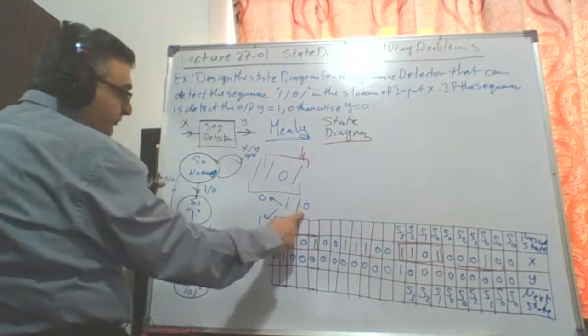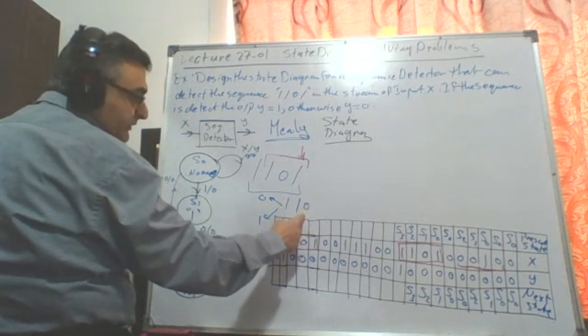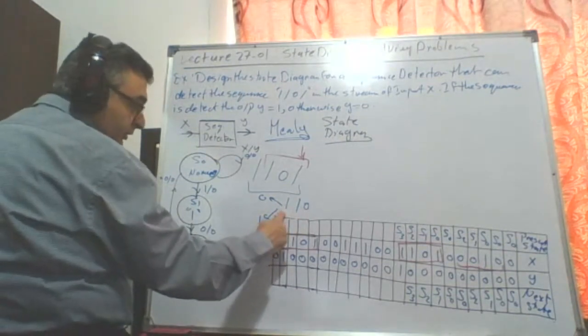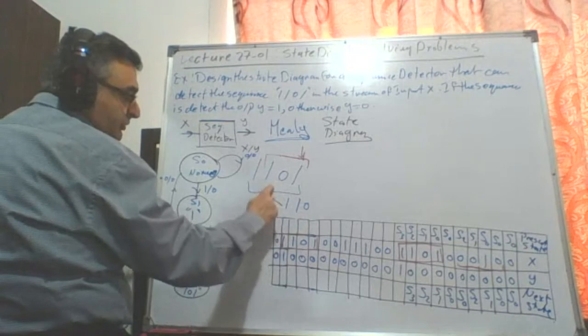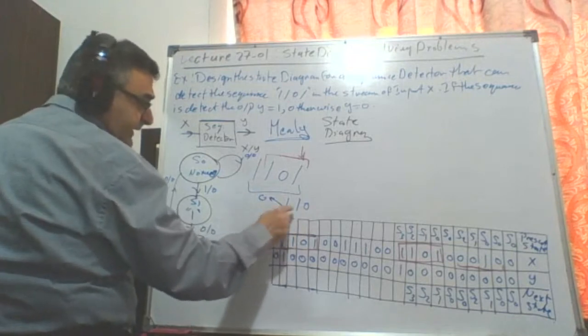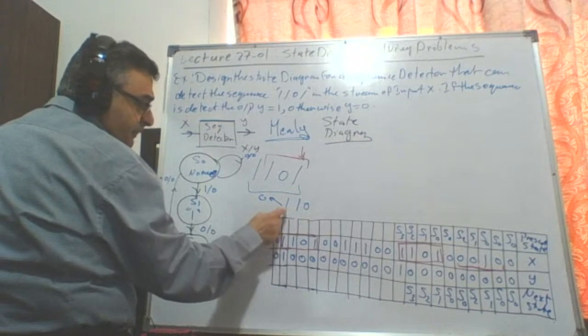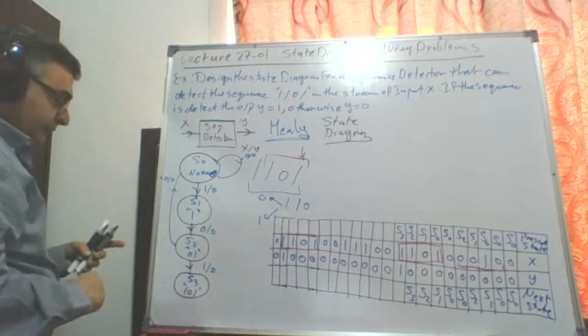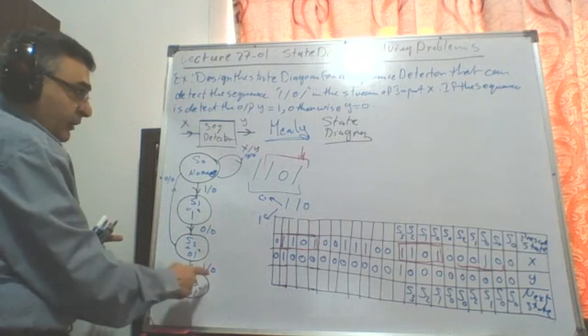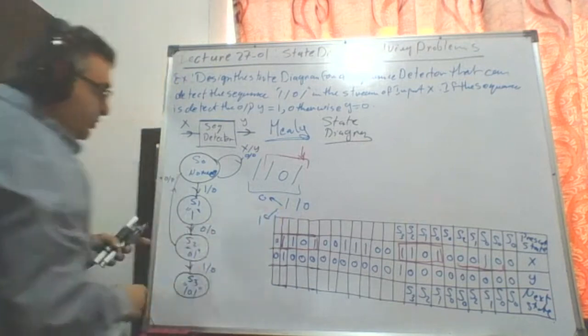No, because you want to forget it. Do you want to remember 1, 1? No, 1, 1 is not completing the sequence. So the only thing that you have to remember in this sequence is that you received this last one. 1, 0, 1, and another one, you only want to remember the last one.